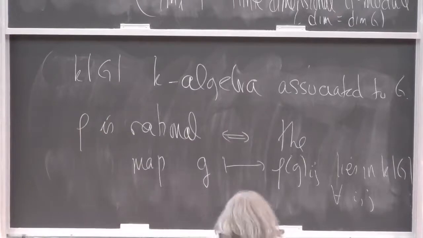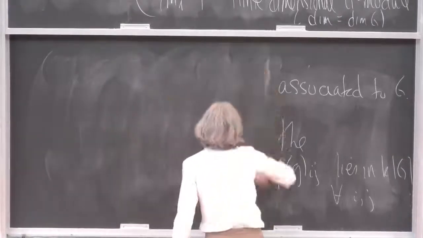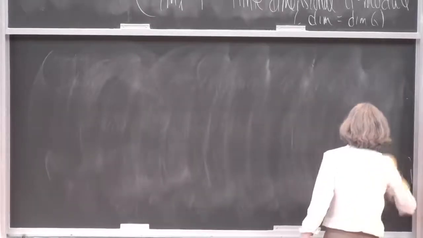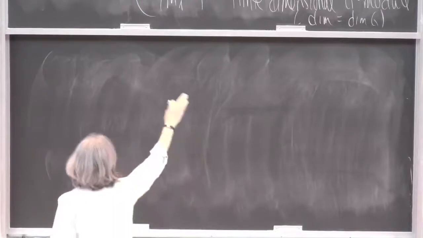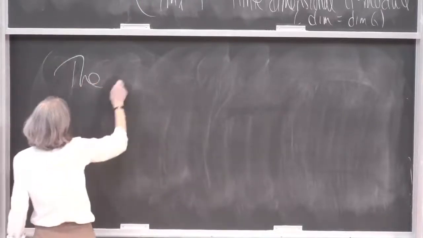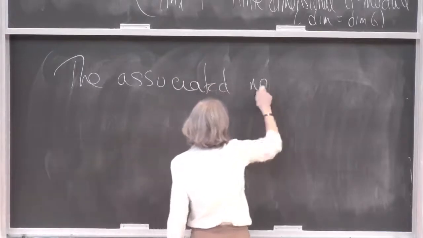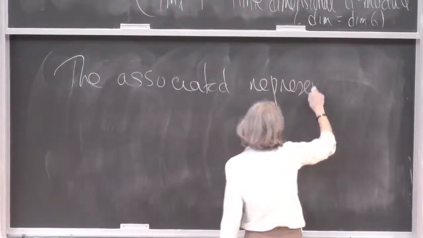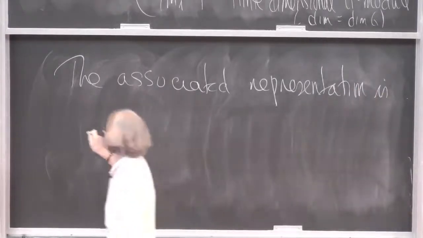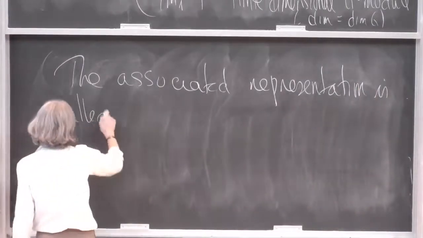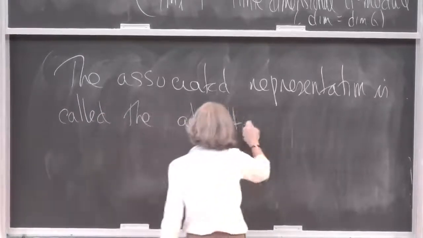So this finite dimensional G module, the associated representation, is called the adjoint representation. And that's very important because, well, I'll tell you why.